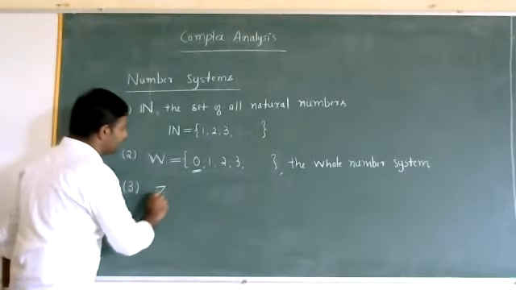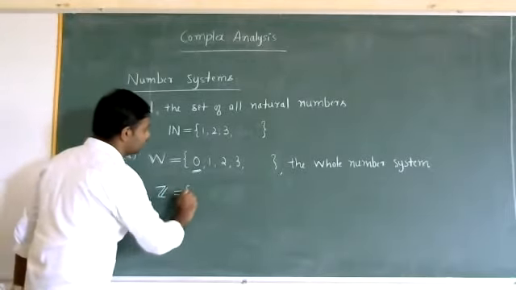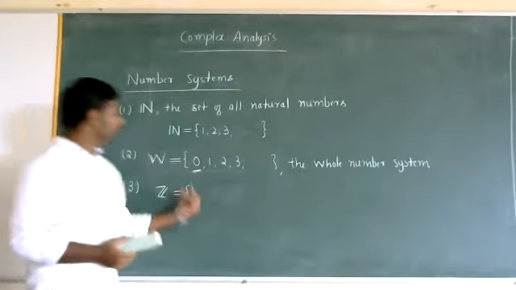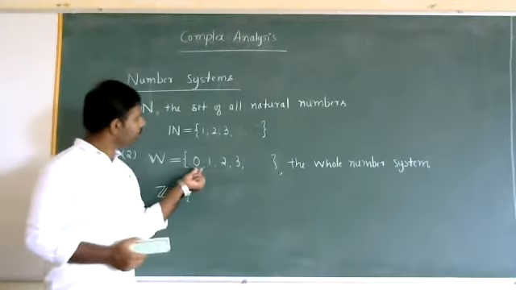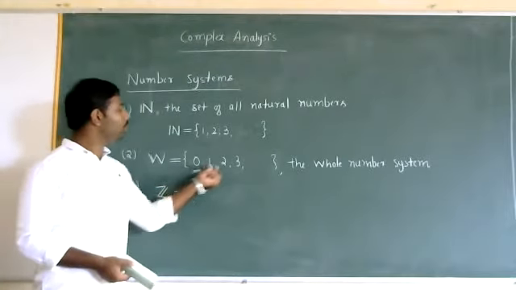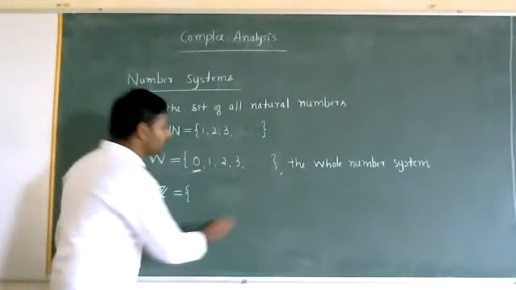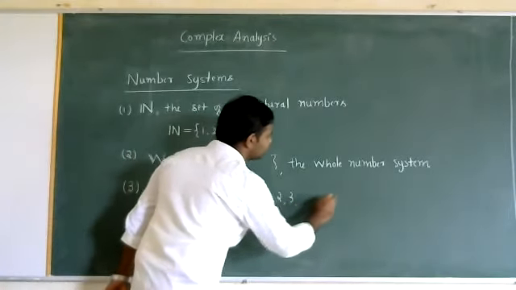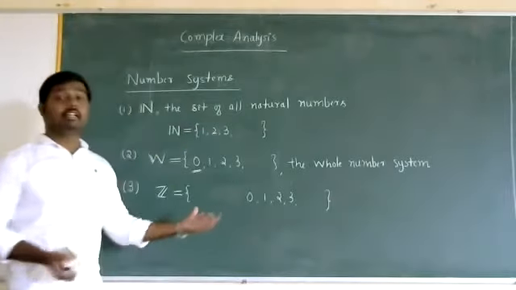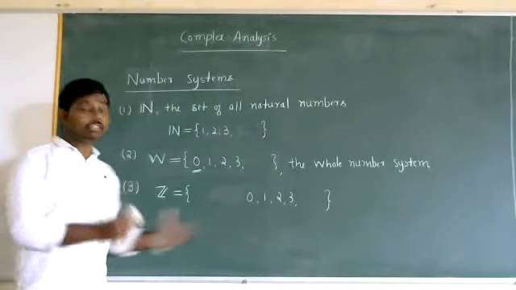system called the integers. This integer number system includes again 0, 1, 2, 3. Along with these numbers, we introduce numbers called negative numbers.